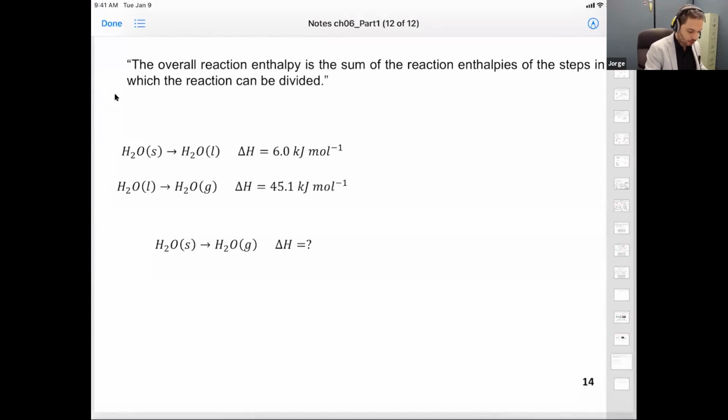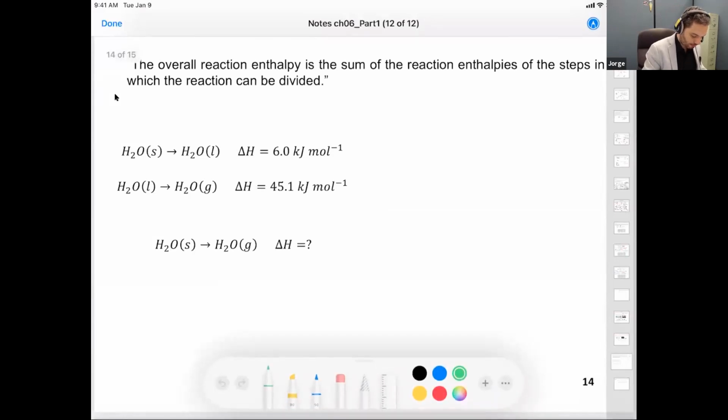Okay, so let's draw the energy diagram for these two reactions, and I want to put in the same energy diagram both steps. So let's do a big one here. Energy is going to be our y-axis. So let's start with the reaction number one.